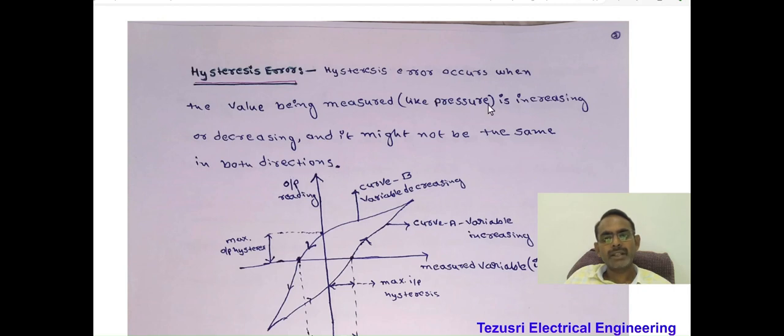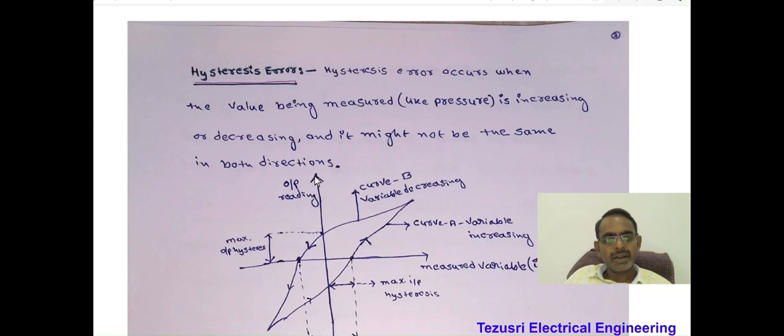For example, pressure. The increasing order of the pressure is represented by curve A, and the decreasing order of the pressure is represented by curve B.